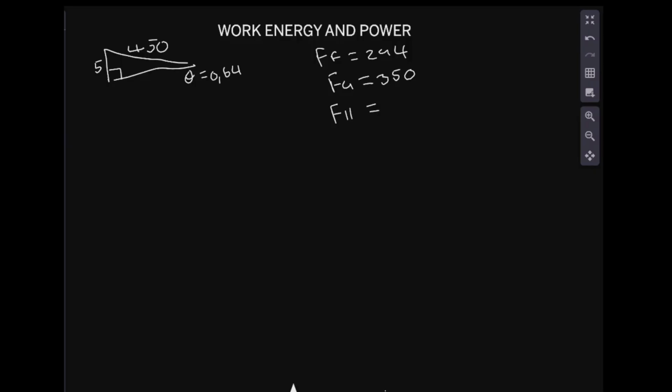So F parallel is obviously weight times sine of the angle. What is the weight?